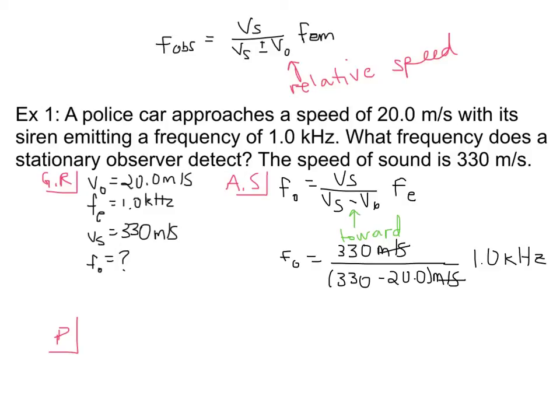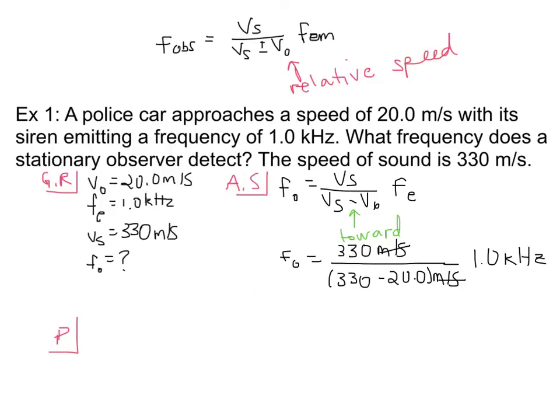So now I need to actually do this calculation here. So I'm going to pull out my calculator. So I'm doing 330 divided by 310. And I get a number that's close to 1. It's 1.06 approximately.